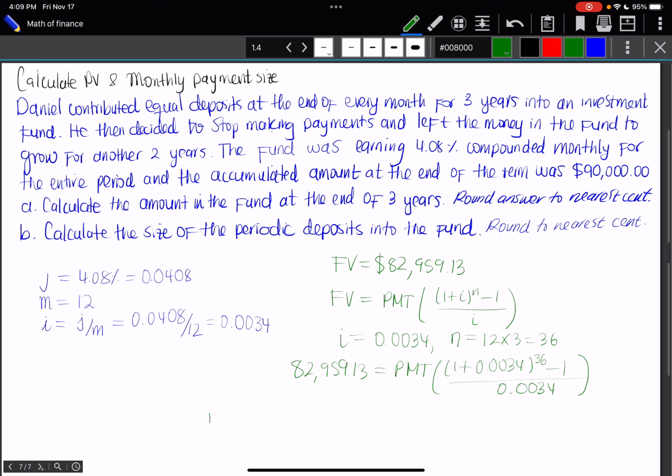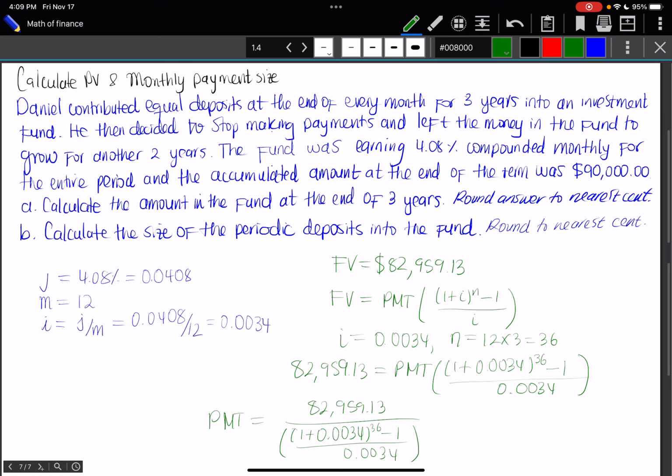So we can solve for the size of the periodic deposits. We take 82,959.13 and divide it by that huge number, (1 + 0.0034)^36, take away 1, over 0.0034.